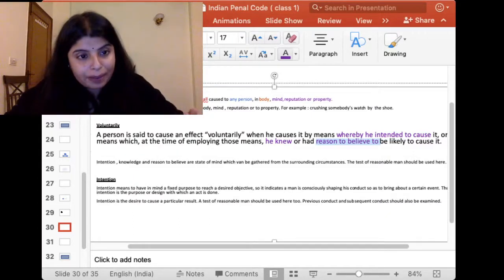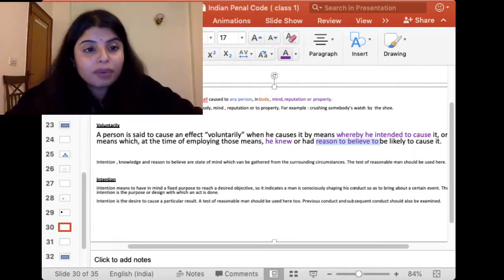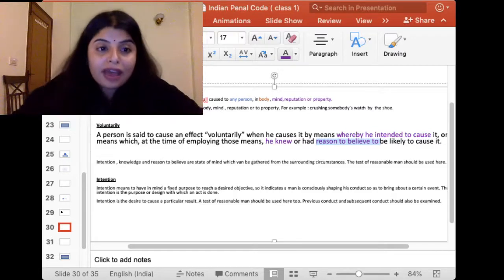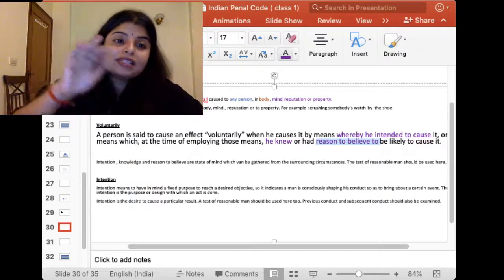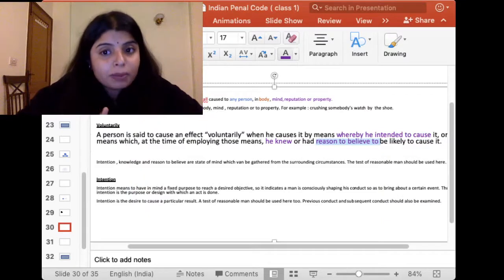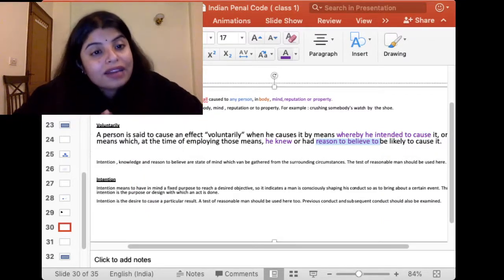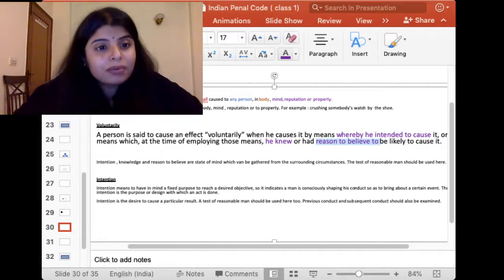Now, for example, there's a house which you have burnt, saying that I just wanted to cause harm to the property and I had no intention of killing anyone. Now, for the fact that you know that it's an inhabited society where people generally live, that means you had the knowledge, or you had the reason to believe that there might be somebody in the house who can be injured because of your act of burning that particular house.